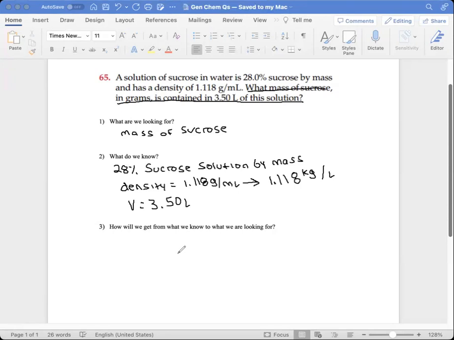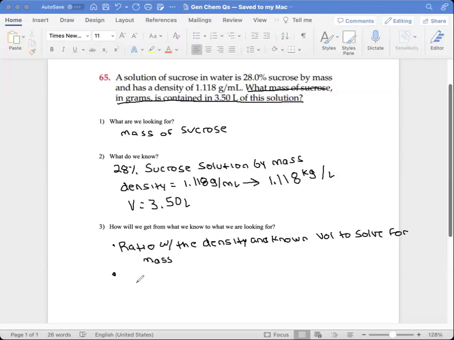How will we get from what we know to what we are looking for? So I can see that we have density and we have a volume and we want to get a mass. And so we can make a ratio with the density and known volume to solve for mass. And this calculation is going to give us the overall mass of the solution.